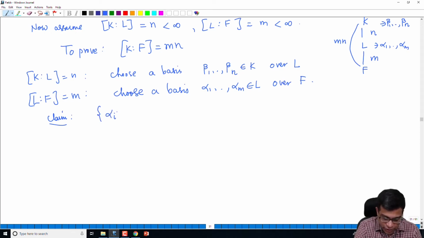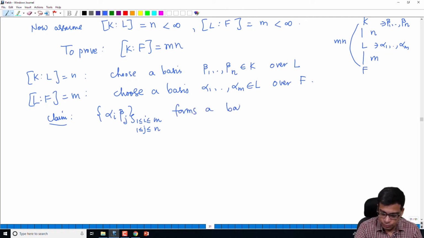The set of products alpha i beta j, 1 less than or equal to i less than or equal to m, 1 less than or equal to j less than or equal to n, forms a basis of K over F.